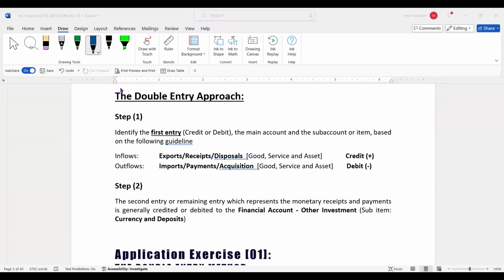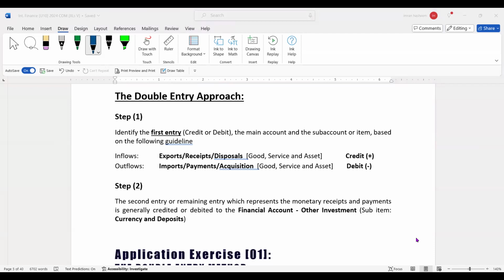In economics, in marking schemes or wherever these things are given, we don't seem to follow that rule. So my concept for you is the first entry could be the credit entry or the debit entry. Doesn't matter. Figure out what the first entry should be.